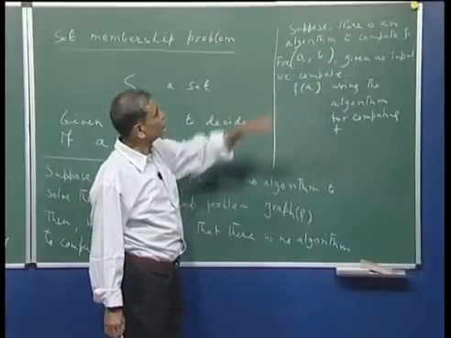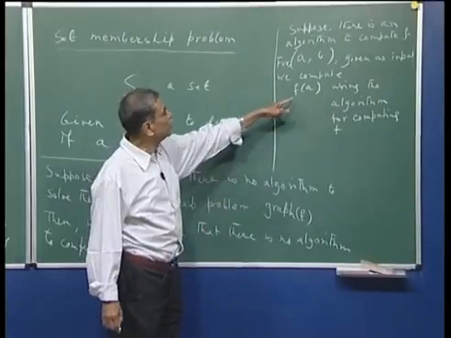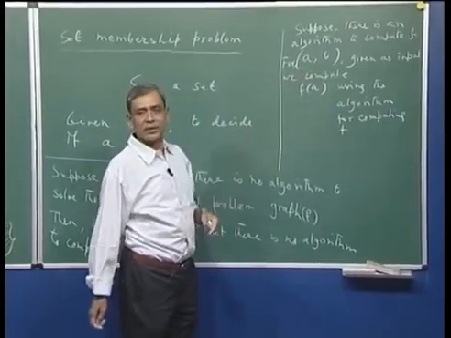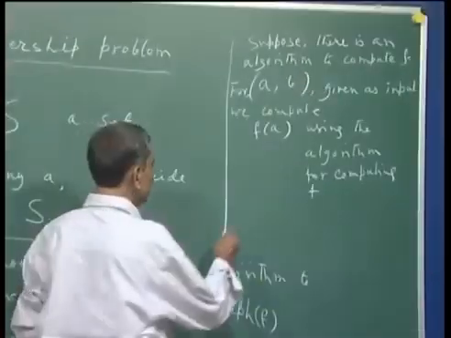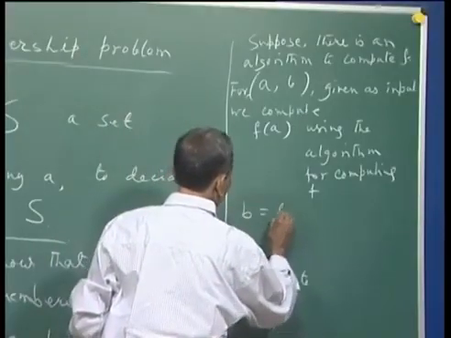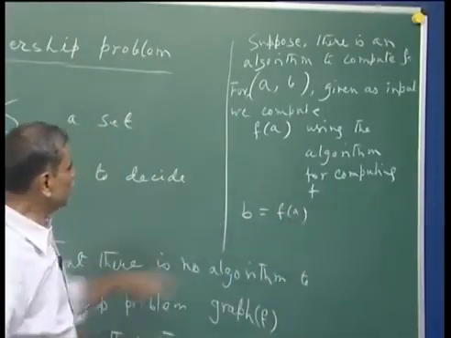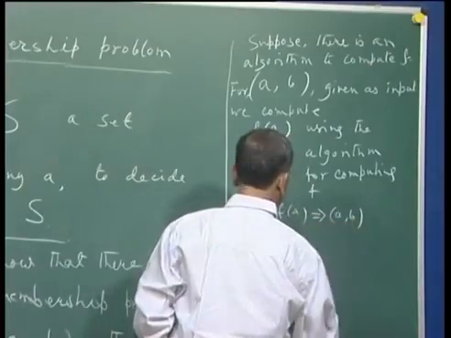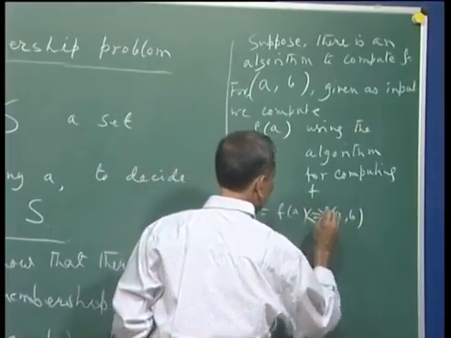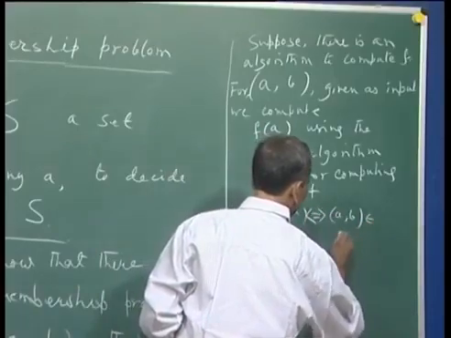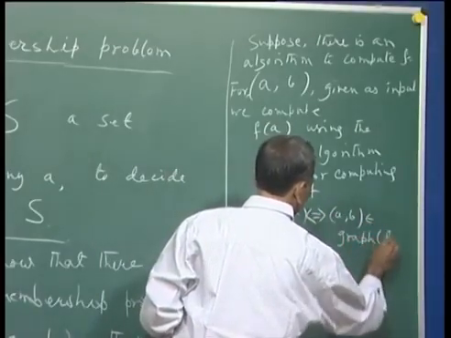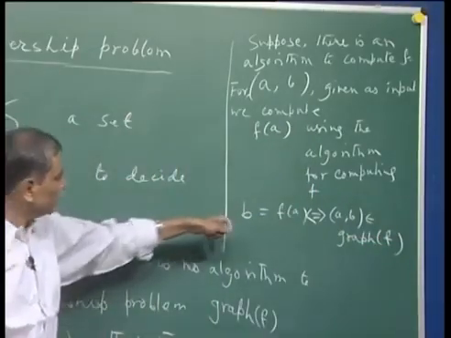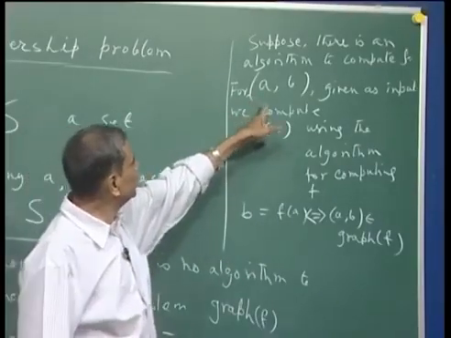Somebody has given you the algorithm to compute f, so you use that algorithm to compute f of a. Here, a is the first argument of this tuple. Now, supposing b is f of a, then of course b equals f of a if and only if (a, b) is a member of graph of f. Therefore, using the algorithm for computing f, I can solve the set membership problem.